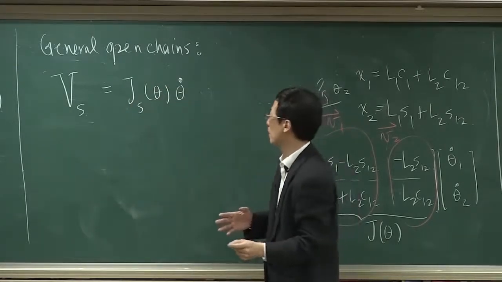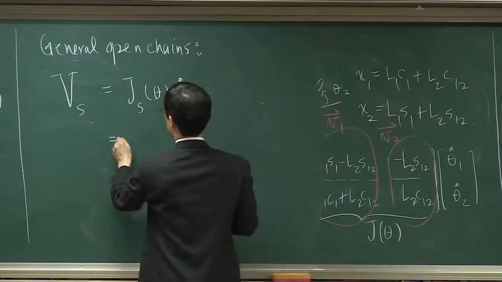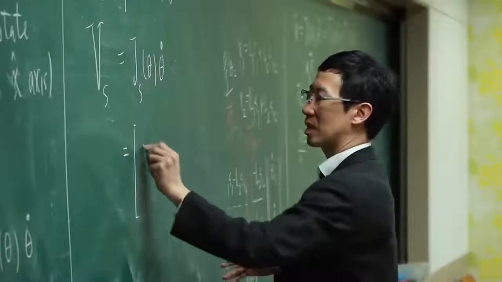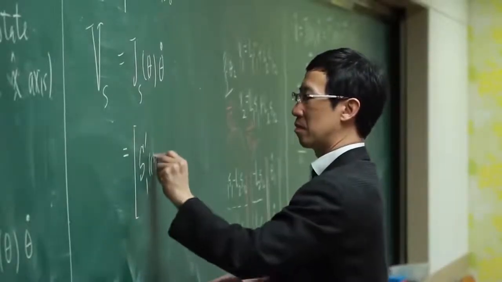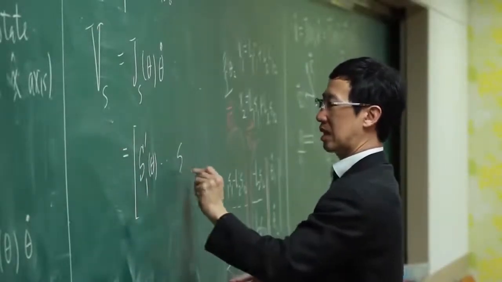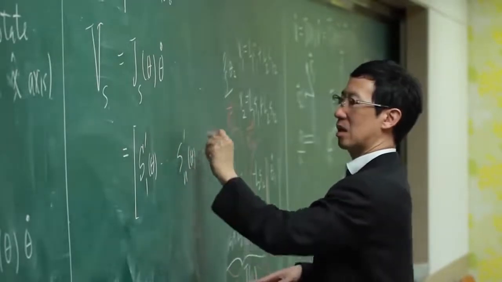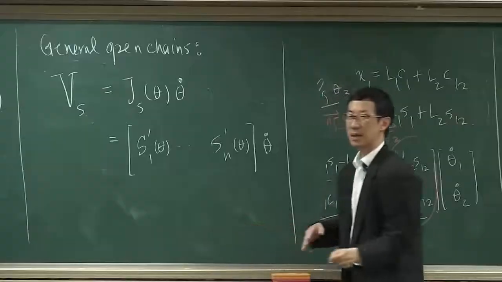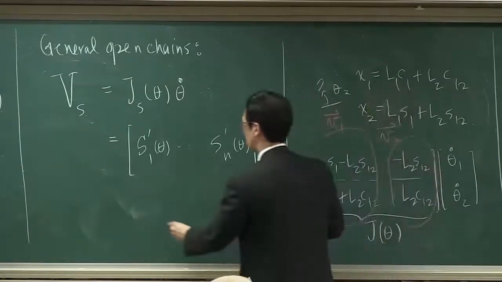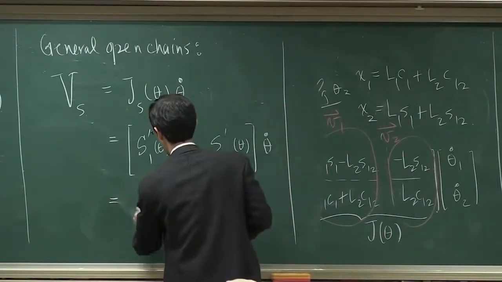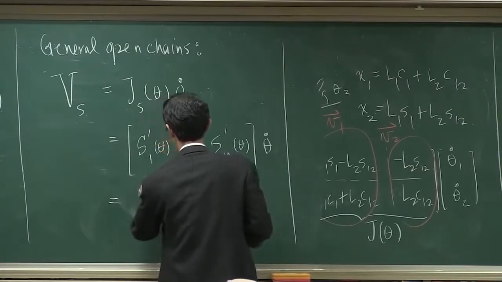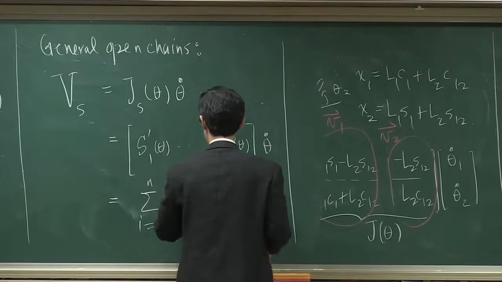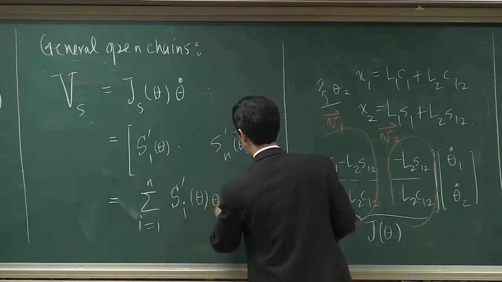And if we write down the columns of J sub s, let's call them S1 prime of theta up to Sn prime of theta, times theta dot, then we can write this as a linear combination, sum over i from 1 to n of S_i prime, the ith column, times theta_i dot.